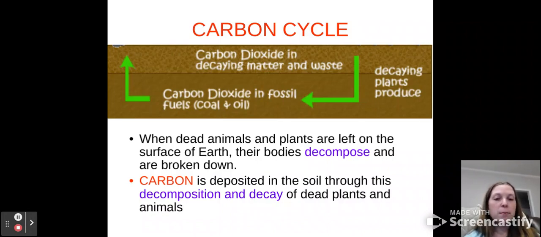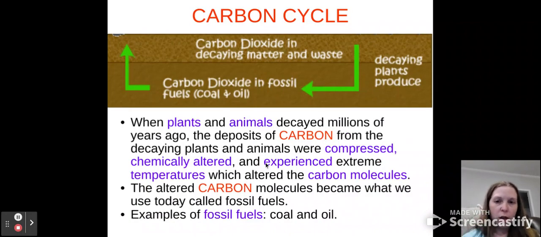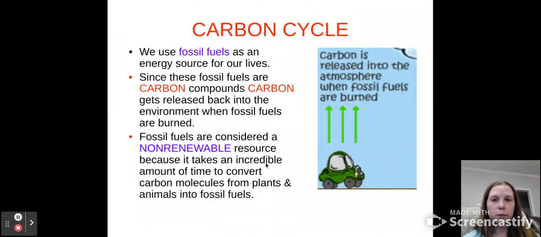And that carbon is deposited through this decomposition and then kind of transferred into those fossil fuels. So if they decayed millions of years ago, the deposits of carbon from the decaying plants and animals were compressed, chemically altered, and experienced extreme temperatures, and that altered those carbon molecules, and these became what we call fossil fuels today, which is coal and oil.